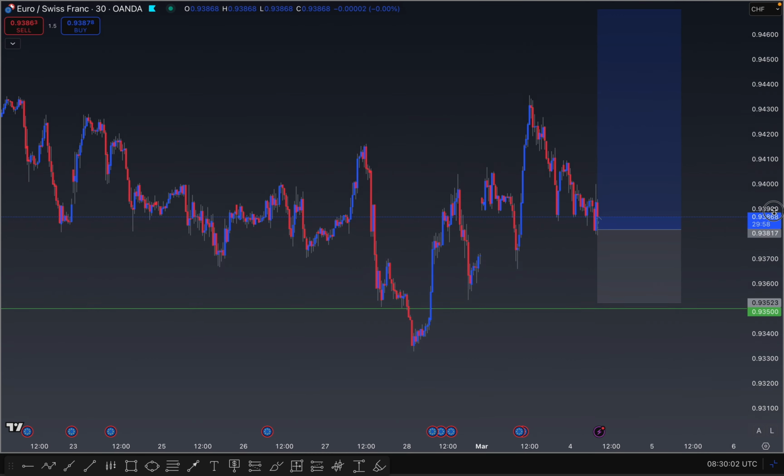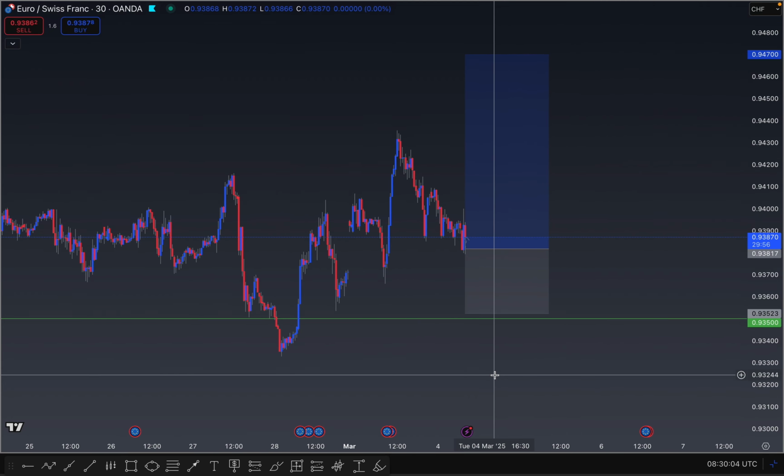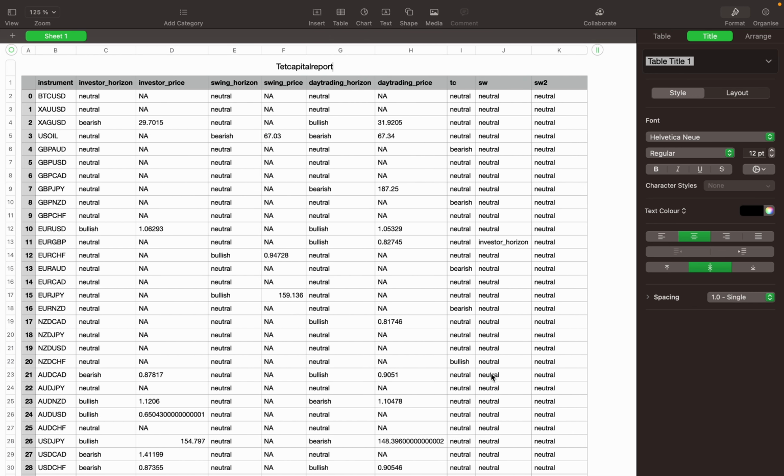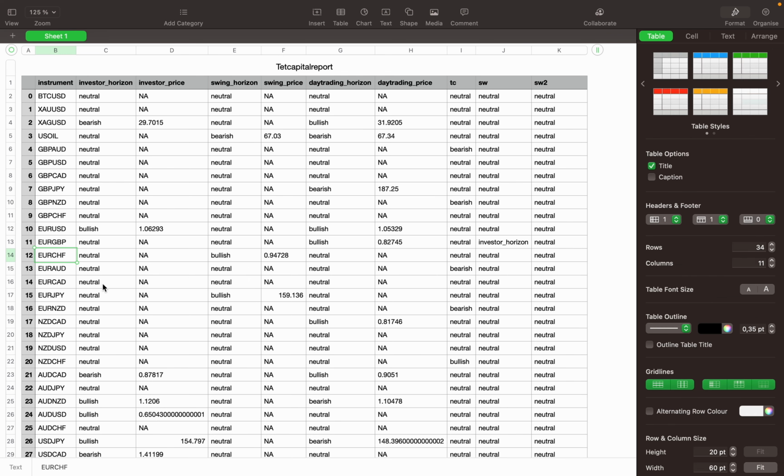So I'm buying Euro CHF right now through to the upside for the following reasons. If you look at the TET Capital report right here on Euro CHF, you can see that Euro CHF is neutral from an investor horizon, it is bullish from a swing horizon, and it is neutral from a day trading horizon.